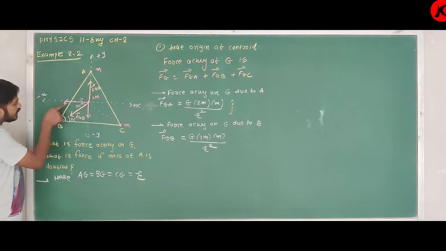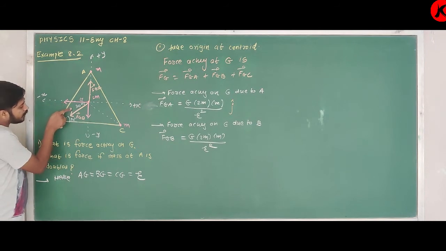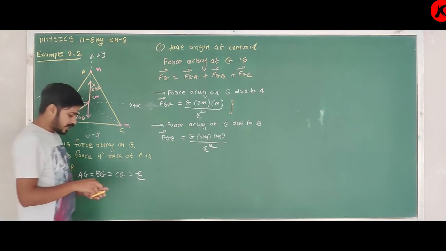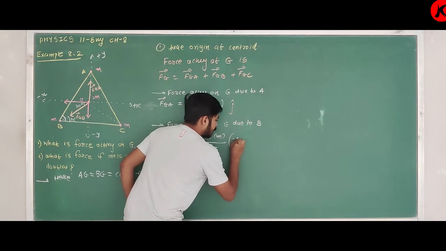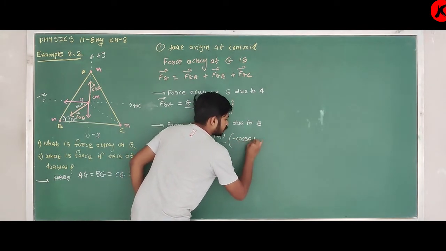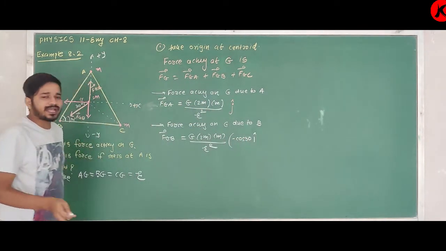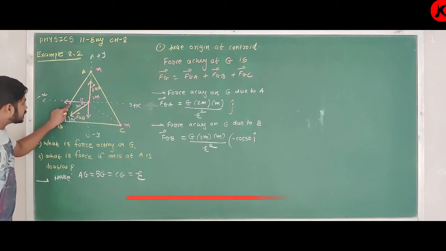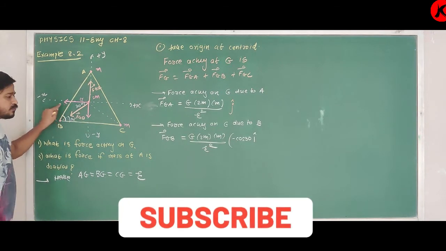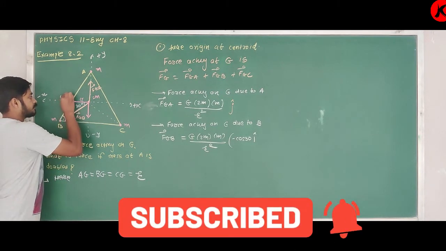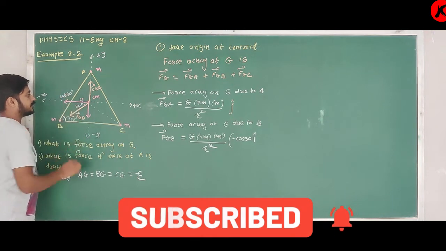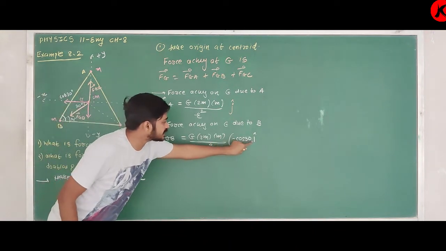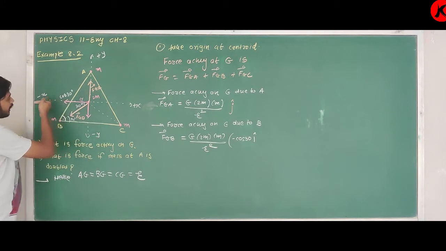As this component makes angle 30, here I have to write minus cos 30. Why minus cos 30? Because it is making an angle with this, it is the cos 30 component. Why minus i cap? Because it is along the negative x-axis.